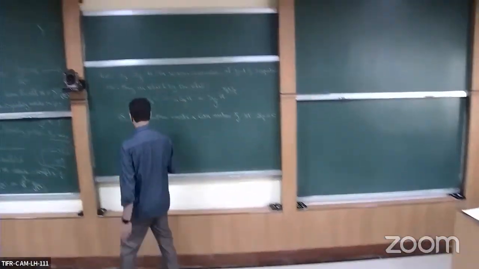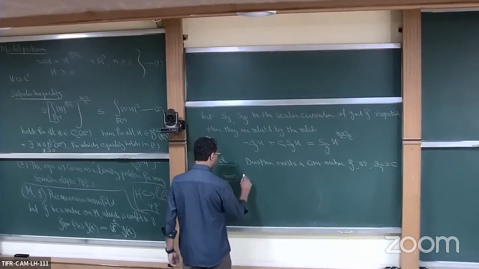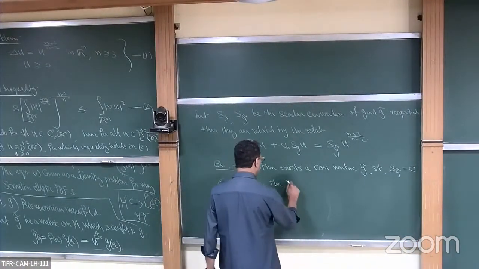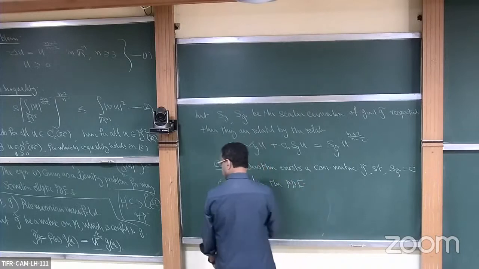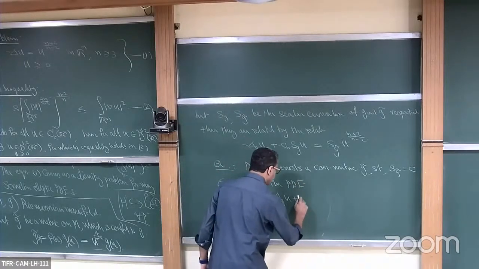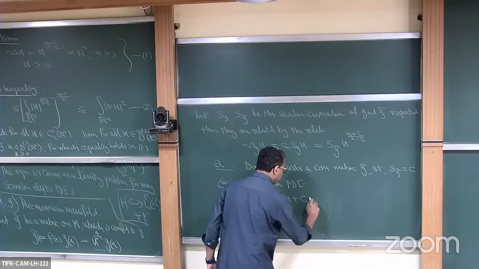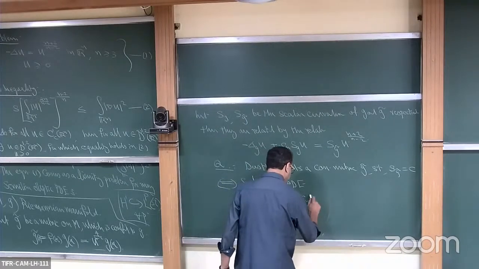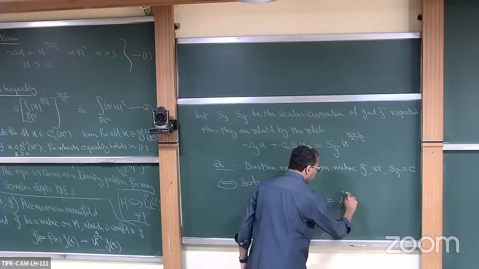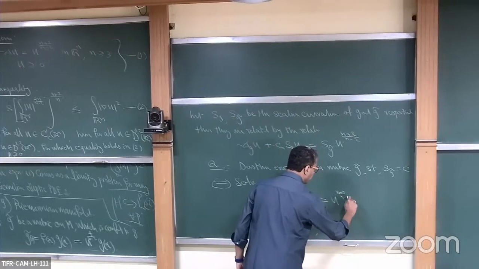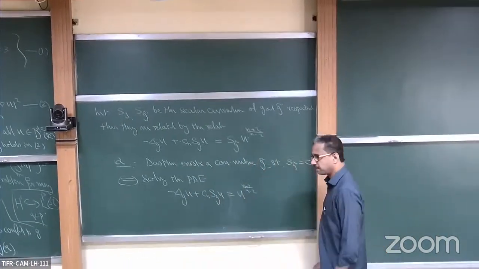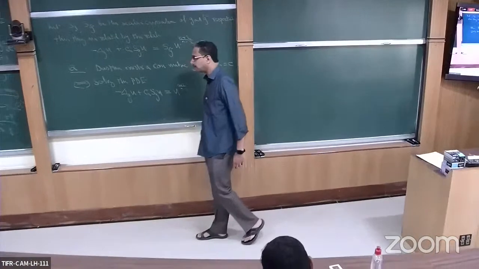in this formulation, this is equivalent to solving the PDE, that is minus plus, where here there will be a constant. That constant can be absorbed into u because there are two different powers here.